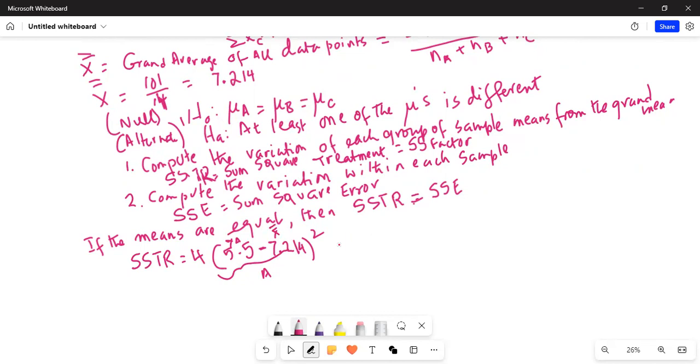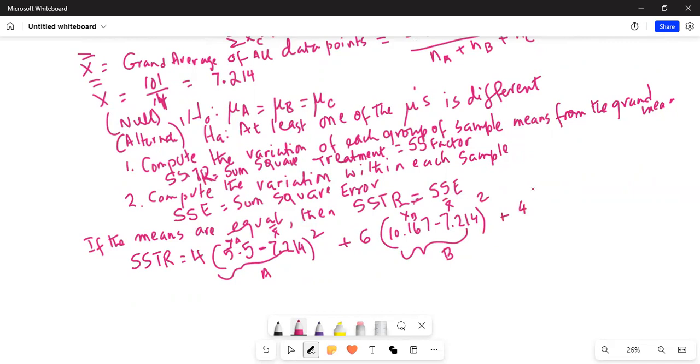Plus the sample size in B was 6 and its mean was 10.167 minus 7.214, and you square it. So this is coming from B. This is XB bar and this is the grand mean. Plus there are 4 samples.